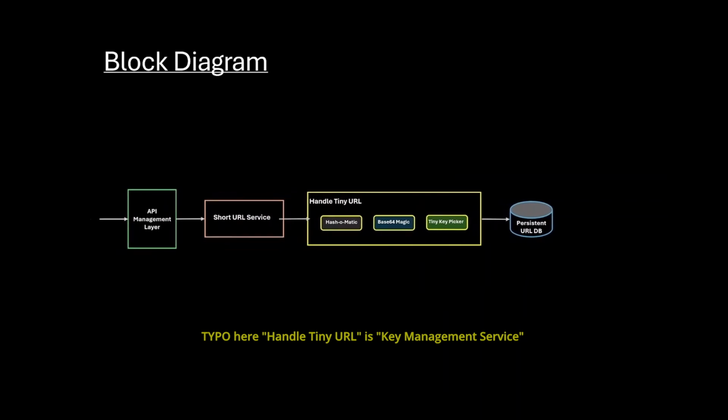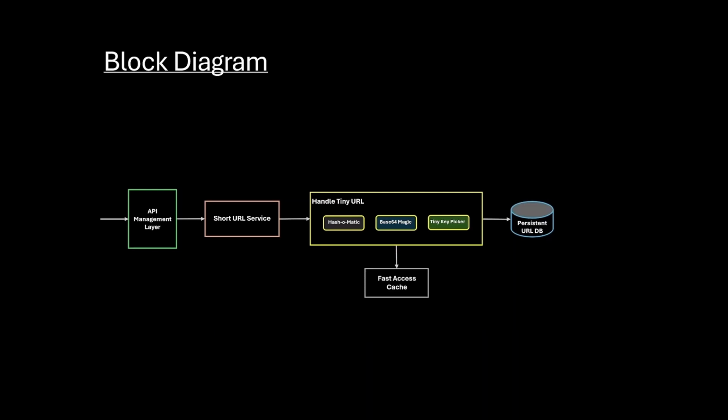If we take the handle tiny URL out of the short URL service, just to keep the core business logic inside one single module, and we also add a fast access cache to save the mapping of tiny URLs, then we do not make calls to the persistent URLDB each time we get a call to get the long URL.